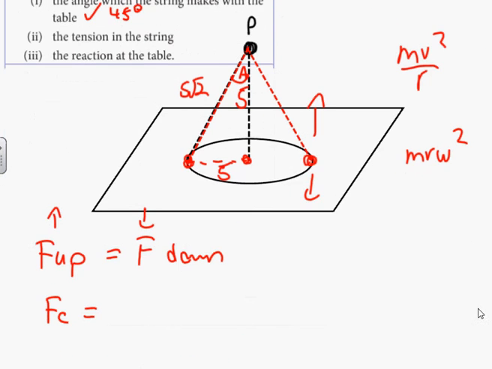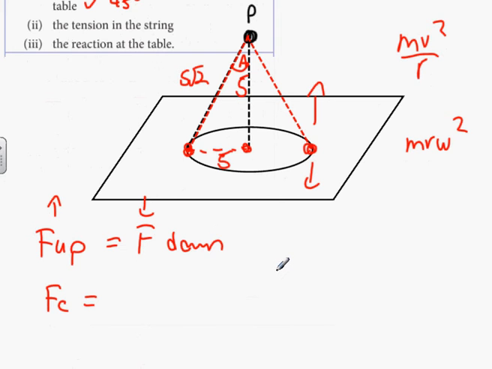Now, let's do forces up equals forces down. Okay, now we've got to resolve tension. What way is tension acting in this question? It's acting up that way, isn't it? Because it has to act up along the string. So we draw a triangle for tension. Tension going up this way. This being A, also known as 45.